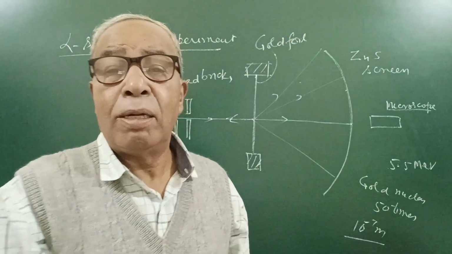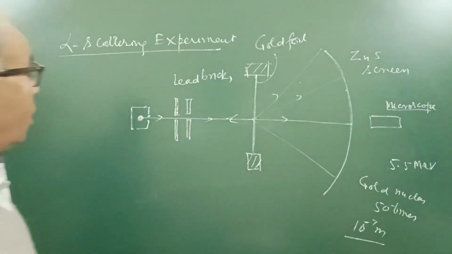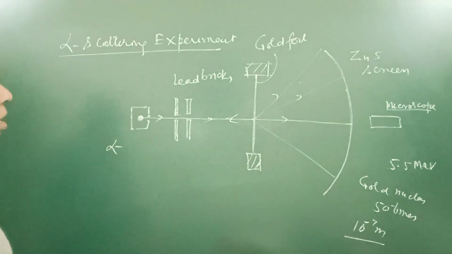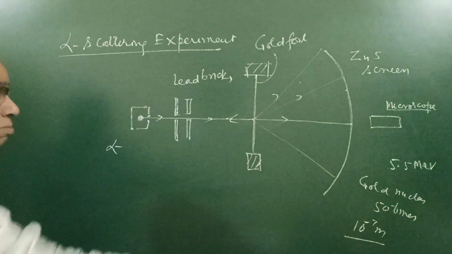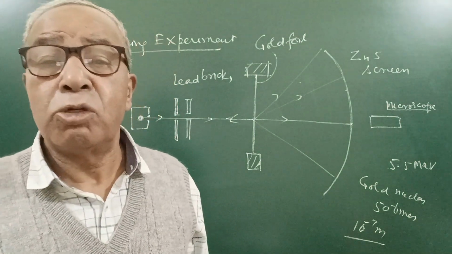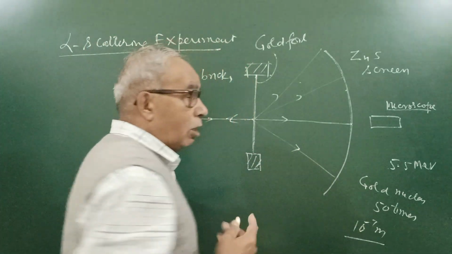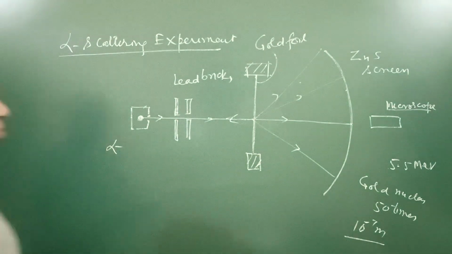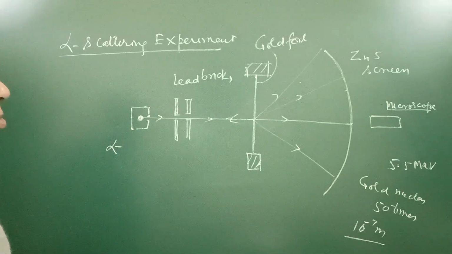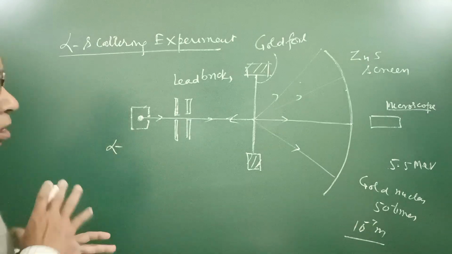Generally in class 12, the examiner asks, draw the diagram of the alpha scattering experiment. In class 12 exams, generally 20 or 23 marks are for diagrams, because many questions need a diagram, or sometimes they only ask for a labelled diagram.